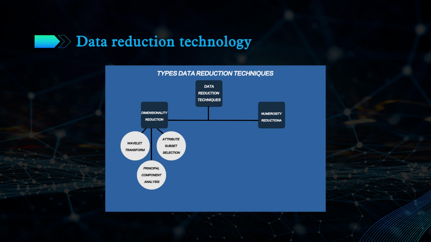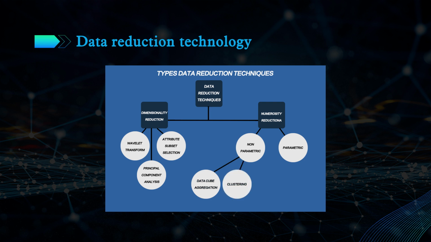Numerosity reduction could be divided into parametric and non-parametric methods. Non-parametric methods include data cube aggregation, clustering, sampling, histogram, etc. First, let's look at dimensionality reduction.